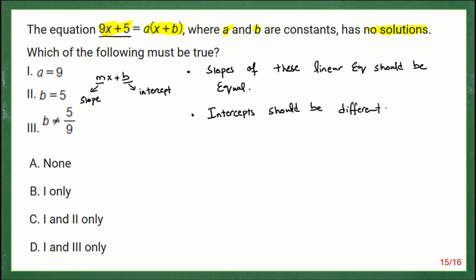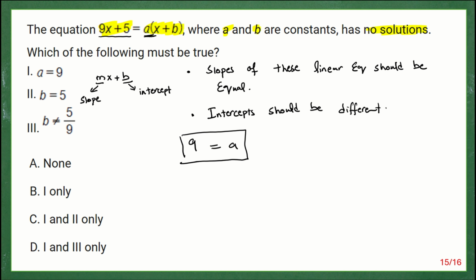So the slope here is 9, and on the other side I have a slope of a that is being multiplied with x. So I have one expression: a is equal to 9 here.